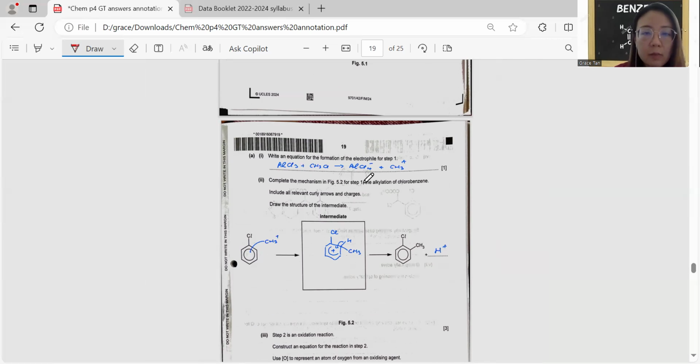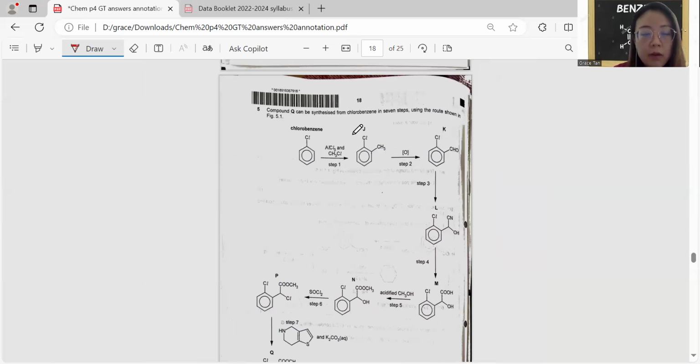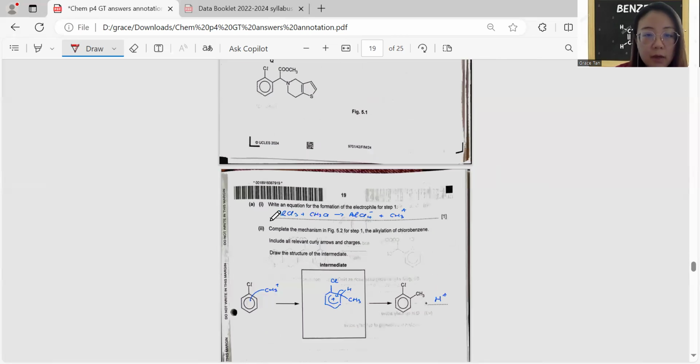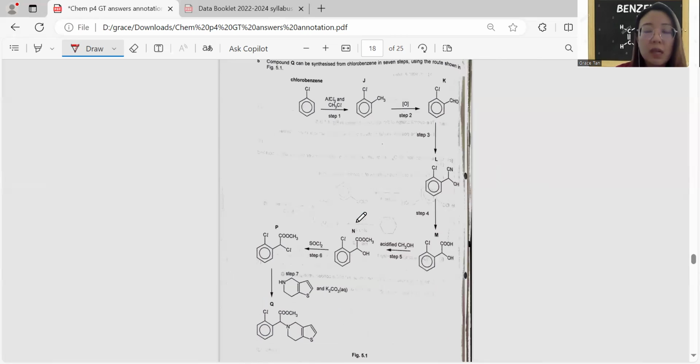They want us to write the formation of the electrophile. This is very straightforward. So the answer: AlCl3 plus CH3Cl to give AlCl4 negative, and your electrophile, which is the methyl carbocation CH3 plus. So step 1 is actually the alkylation.